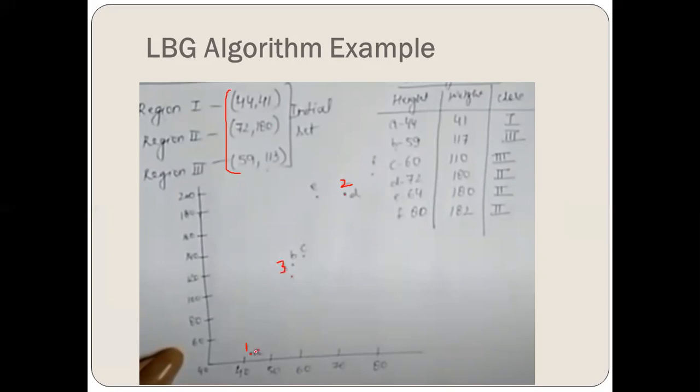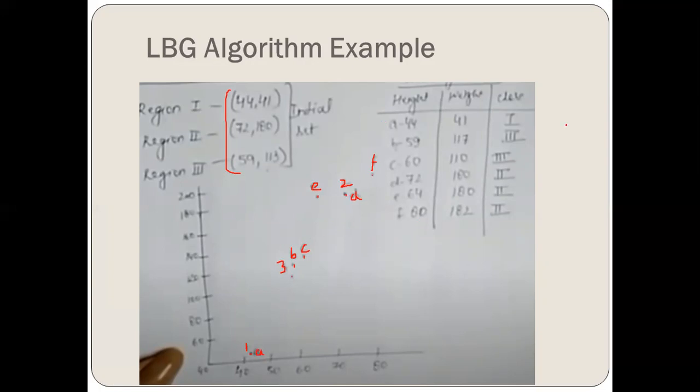This is for A, this is for B, this is for C, this is for E, this is for D, and this is for F. Now you can see that they are coming closer to these particular initial sets. So which points are clustering around 1? A is clustering around 1. For 3, B and C are clustering, and for 2, E, D and F are clustering.